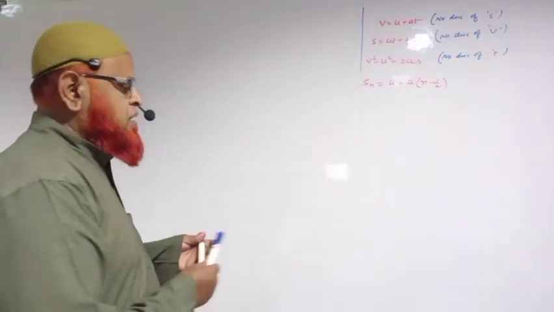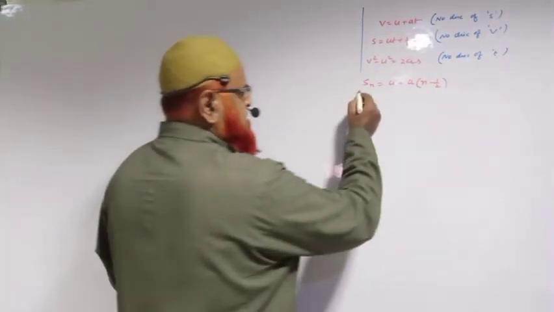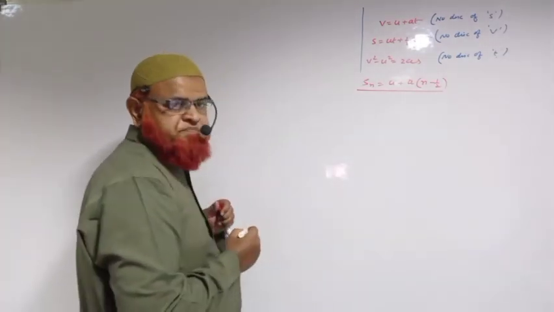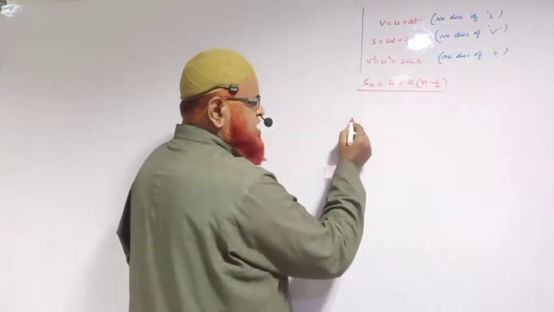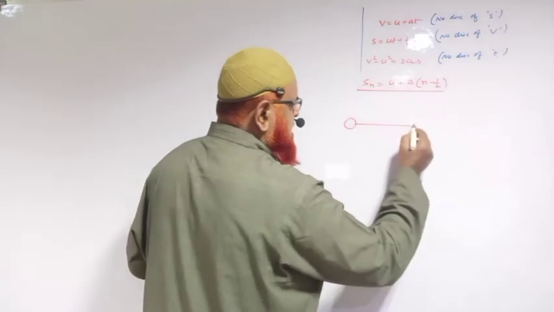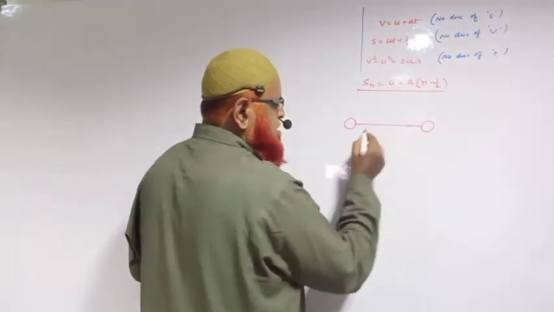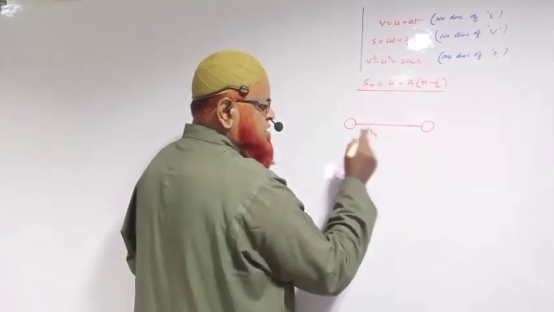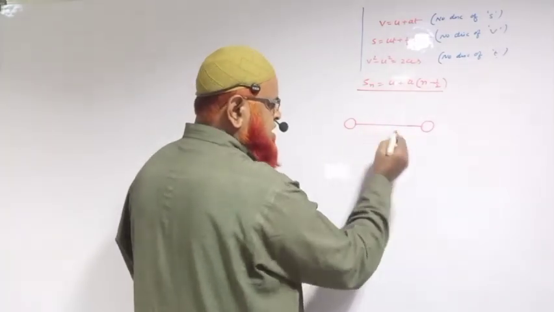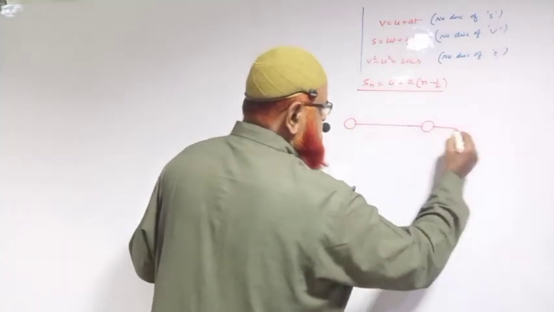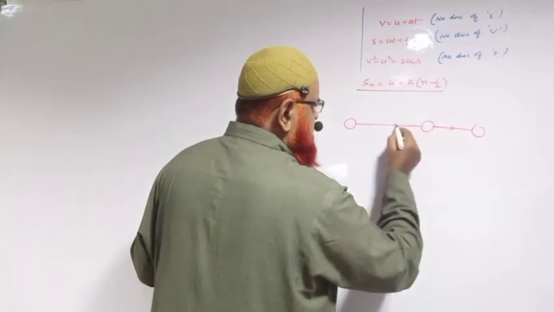Now finally, we are going to discuss the fourth equation of motion. In this fourth equation of motion, let us consider a body. A body travels a distance in 4 seconds. For example, from here to here, and again from here to here. Let us imagine the two cases.